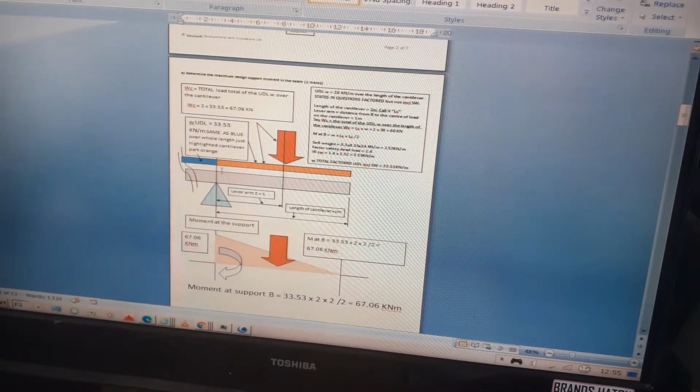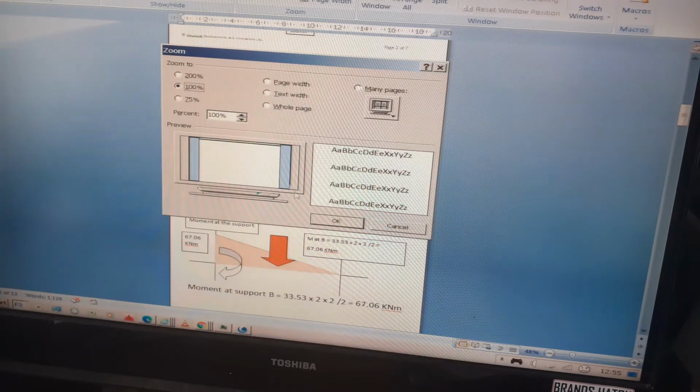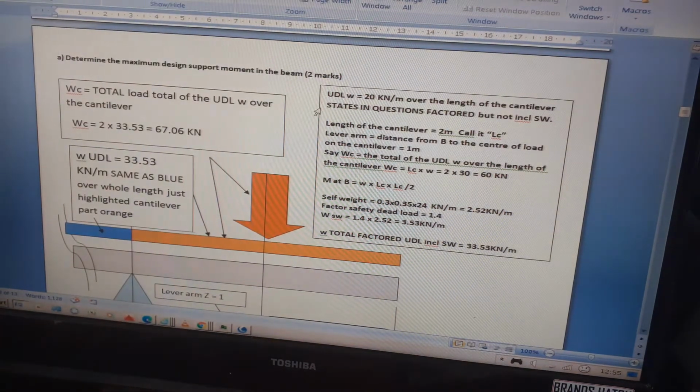I've drawn a part diagram of the beam at the top here, and the UDL is W equals 20 kilonewtons per meter over the length of the cantilever.